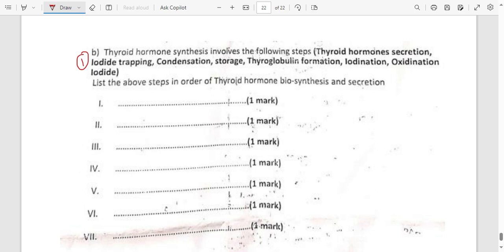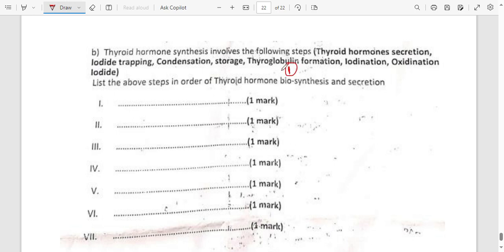Thyroid stimulating hormone will stimulate the follicular cells to make thyroglobulin. So we're going to have thyroglobulin formation. Okay, so where is thyroglobulin formation? That is what we are going to put as 1.